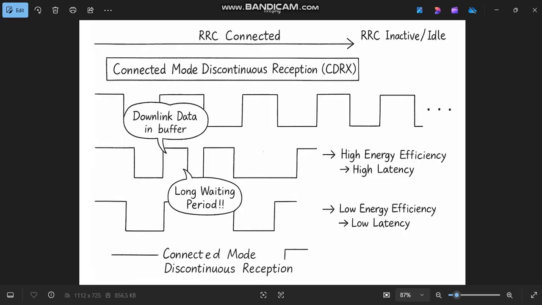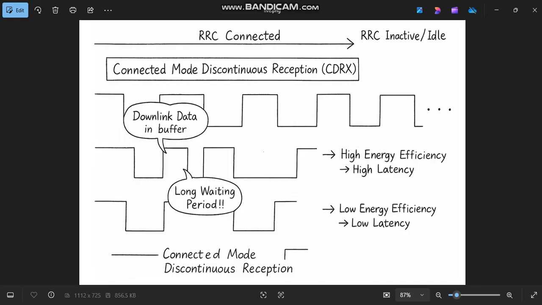And yes, there are two main things here: energy efficiency and latency. Those are the two main problems that we can face here. If I see in this graph, with DRX active and inactive the period is long, so there is a long waiting period here.